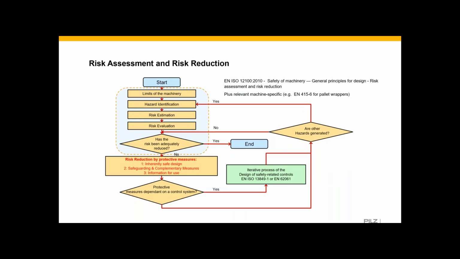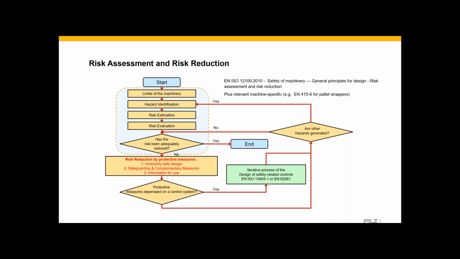So in line with 12100, if the risk has not been adequately reduced, then we look at risk reduction by protective measures. So first we look at inherently safe design measures. So can we change the way that something is operated, like a chain and pulley? Could it be a belt mechanism, for instance? Then we have safeguarding and complementary measures, and this is where 14119 and interlocks would come in.